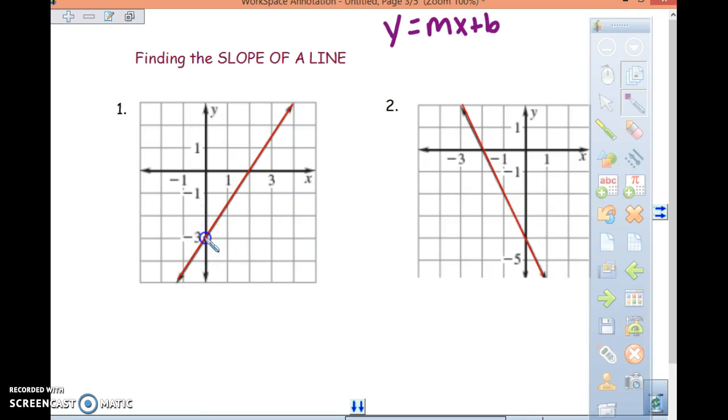So graphically, we can look to try to find ordered pairs that are integers. And this is what I come up with. So now I'm trying to figure out my rise and my run. So from one point to the next, I'm rising up 3 and running forward 2.